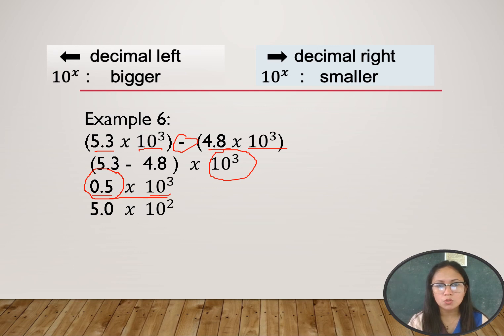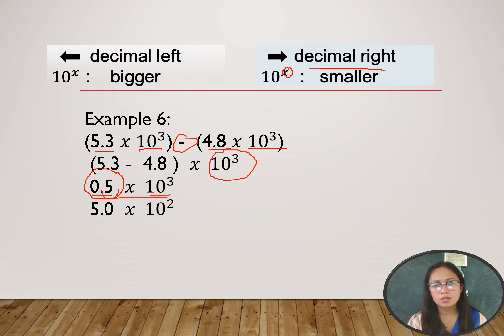So we need to write this 0.5 in the sense that this one will reach 1 or can be greater than 1 but will not reach 10. So we need to move this to the right. In this case, when we move the decimal place to the right, the value of our exponent will become smaller.